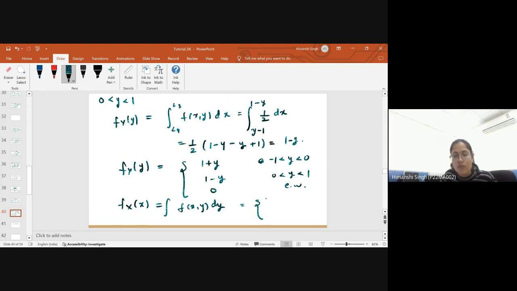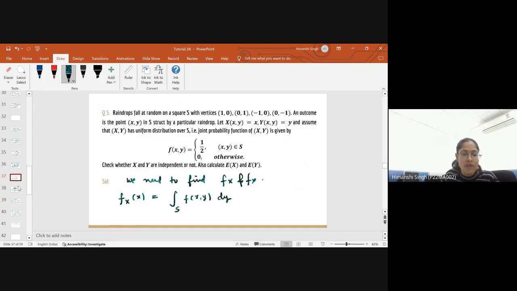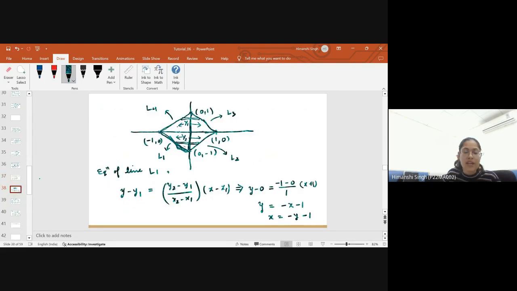So it will be of the form 1 plus x for x between minus 1 and 0, and it will be 1 minus x for x between 0 and 1. By a similar method you can find it for x only. Then in that case, if it is varying over x, you will consider this region, the left hand region and this region.